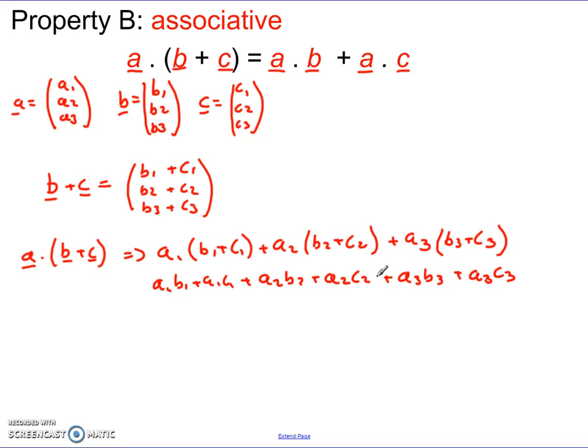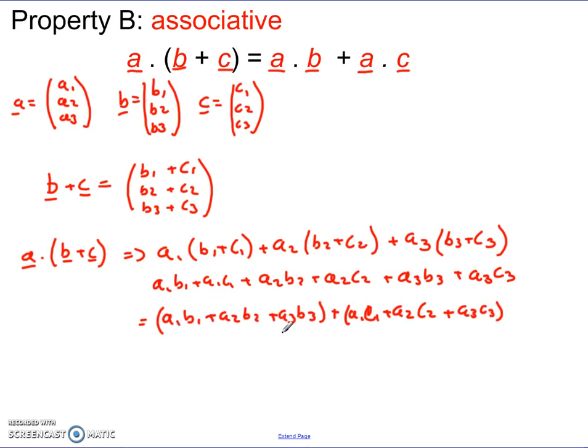So I'm going to group all the B's together and all the C's together with their A coefficients. So that's the same as A1 B1 plus A2 B2 plus A3 B3, plus the C parts all together, which is A1 C1 plus A2 C2 plus A3 C3.